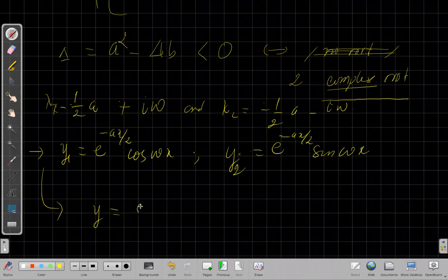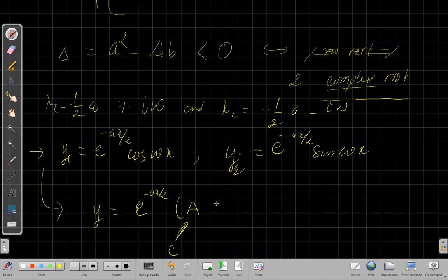In this case we will not use C1 and C2, so we can use A and B instead. Remember that A is similar to C in the previous case.